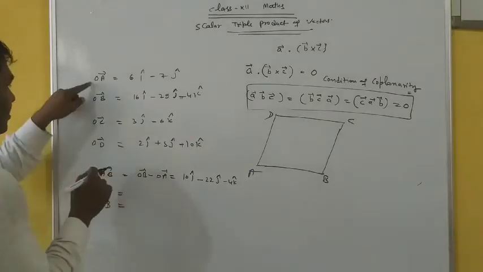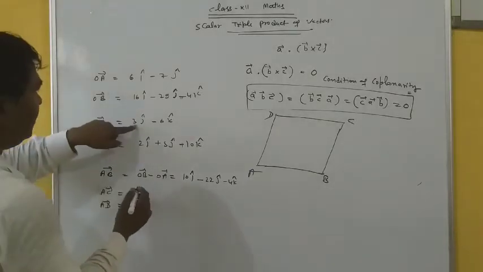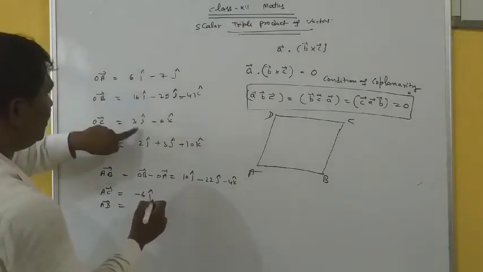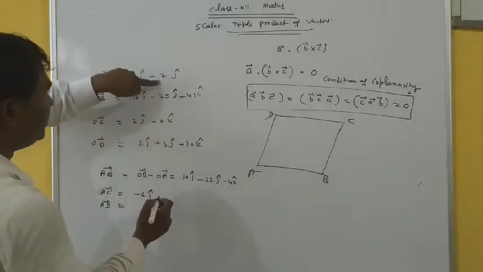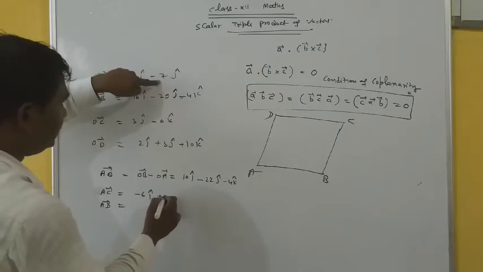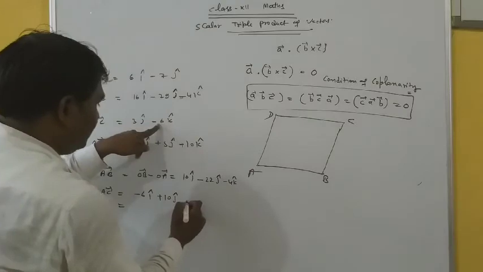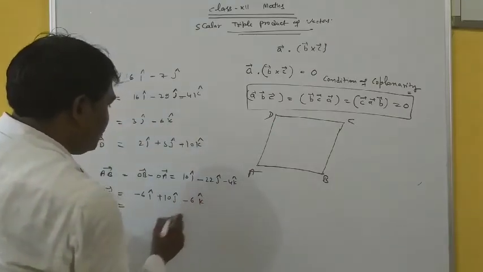Now AC vector, C minus A: minus 6i cap, 3j plus 7j means plus 10j cap, and minus 6k cap.